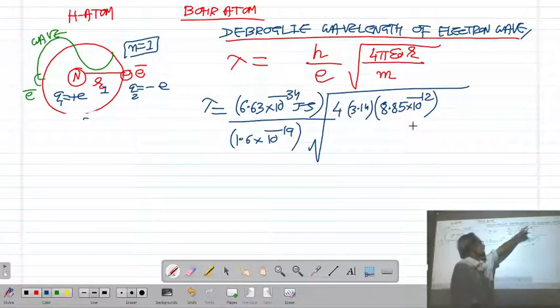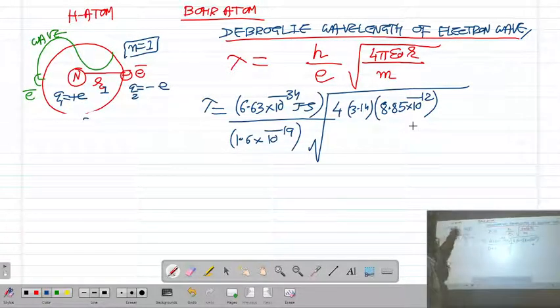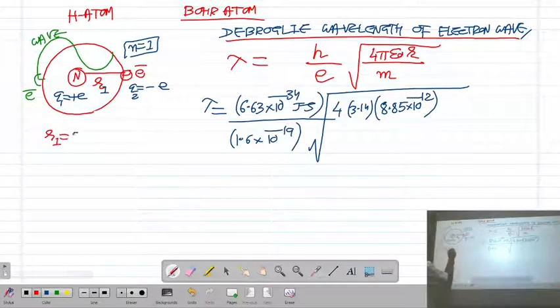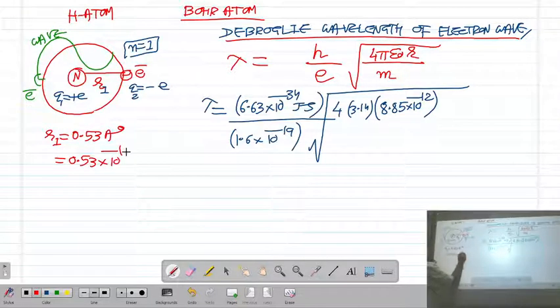And r, what is r? It is the radius of the first orbit, smallest orbit. I told you the radius of the smallest orbit r1 is 0.53 angstrom. Means this 0.53 10 to minus 10 meters.